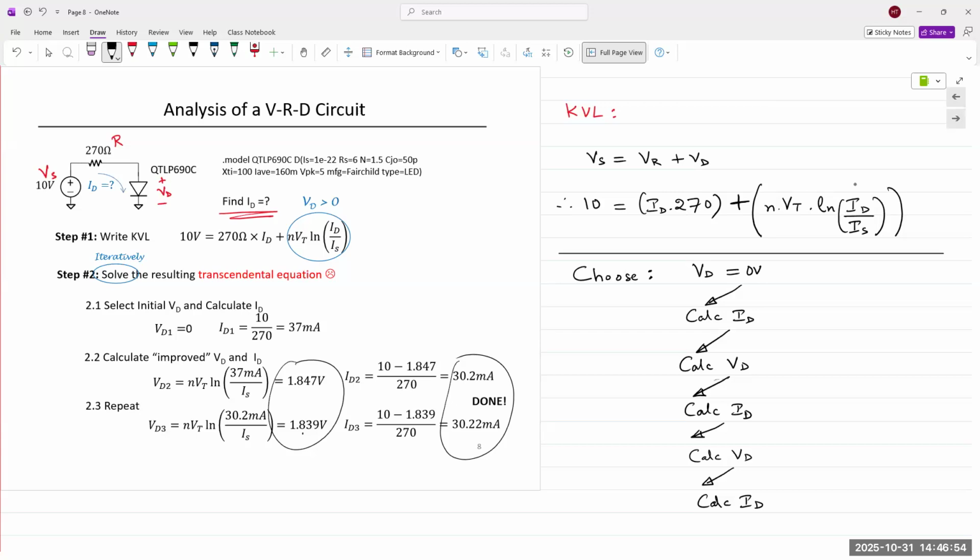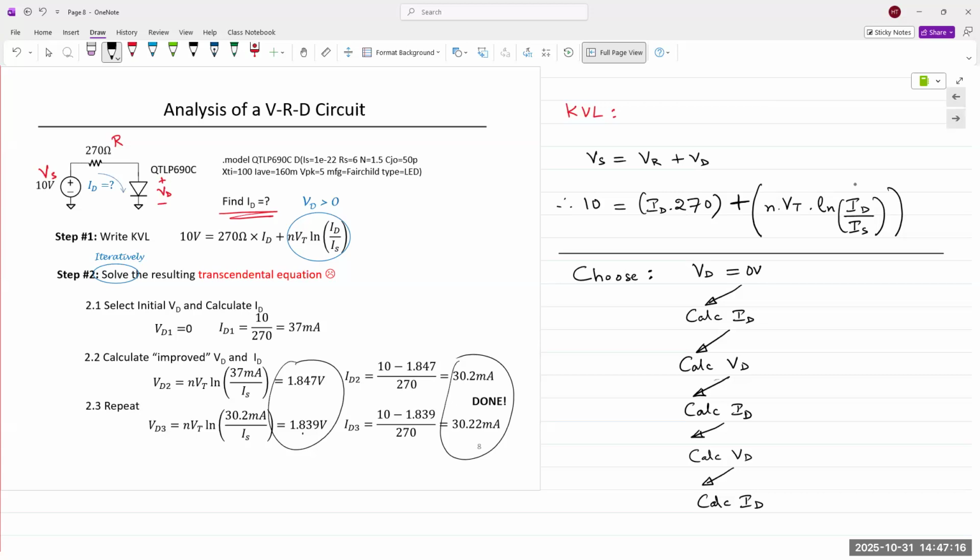Does that make sense, right? So if it's 1 decimal point, 1.8 volts, matches up. 3 decimal points down to the millivolt, no, it doesn't match up. So it depends on our end application. What's our end goal? Similarly, ID is 30.2. Final answer in that third step is 30.22.